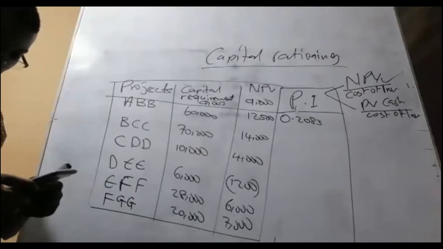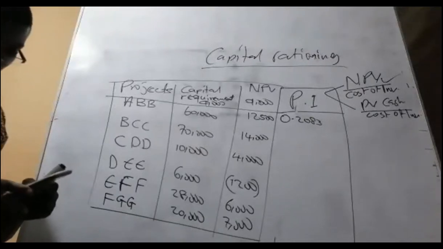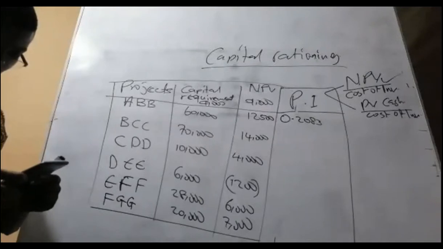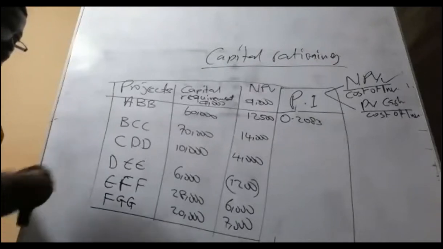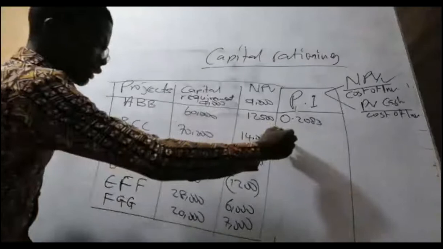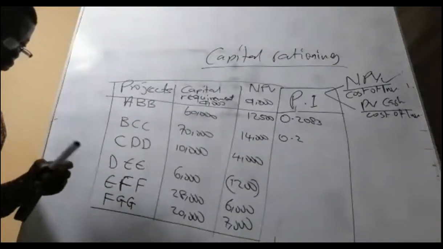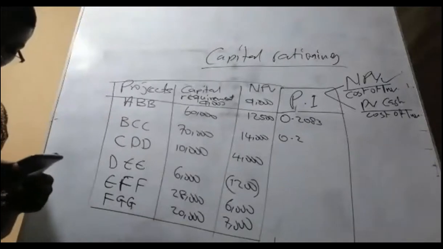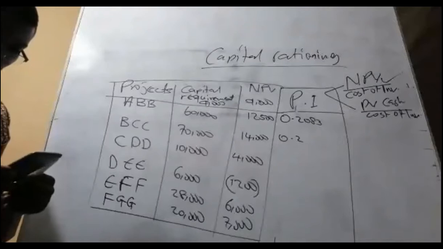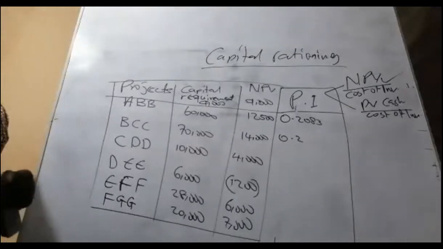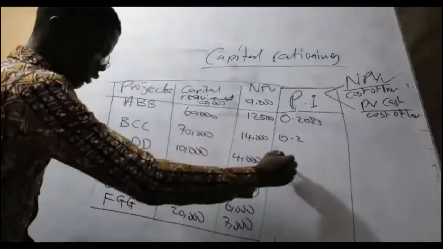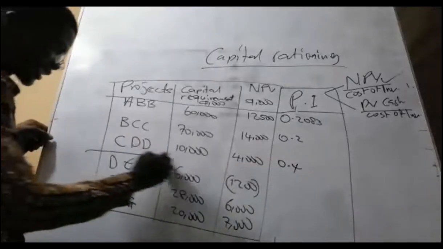That's 0.2. Wow, I like that. The next one is 4,000 divided by 10,000. That's 0.4. Agreed. Please, this one, cancel it out.